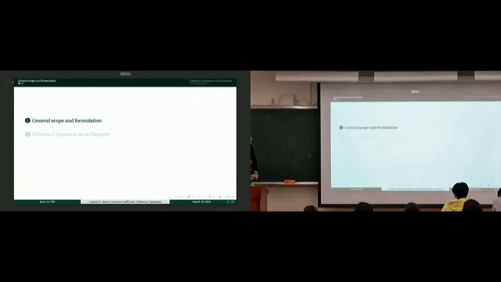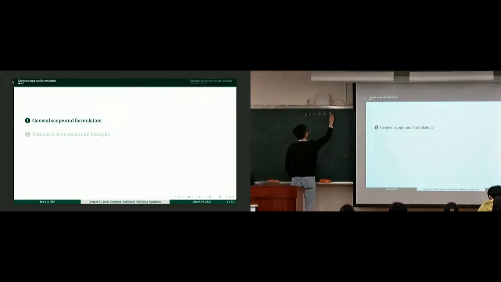All right. So, two sections. In the first section, I'll talk about general scope and formulation. What is a difference equation, right? And then the second half is about the Fibonacci sequence. The Fibonacci sequence is what? 1, 1, 2, 3, 5, 8, and 13, and so on, right?